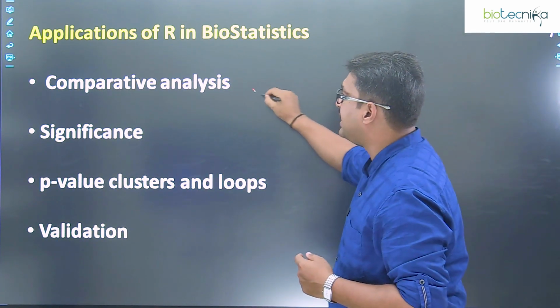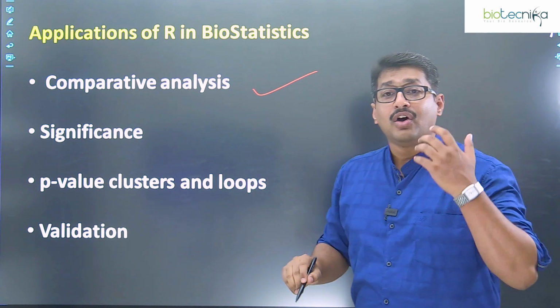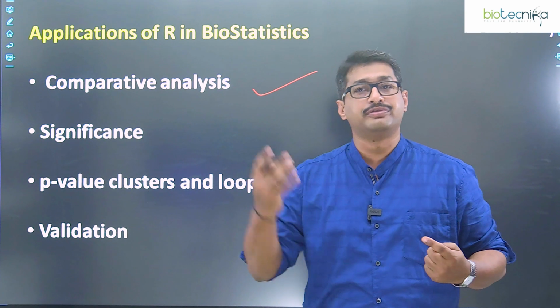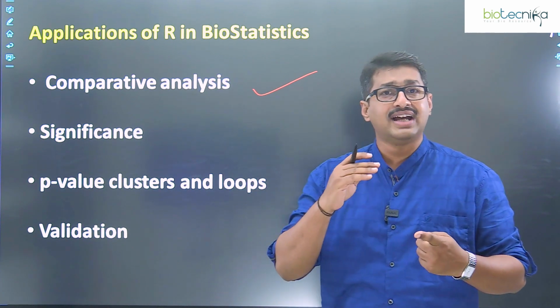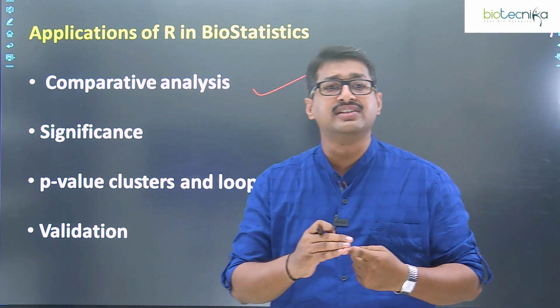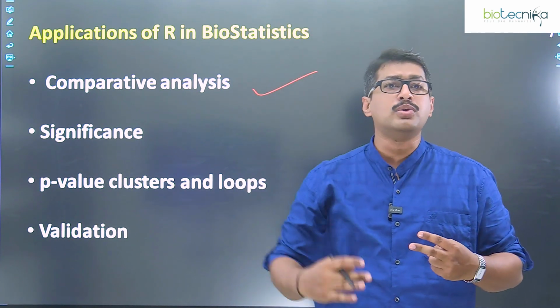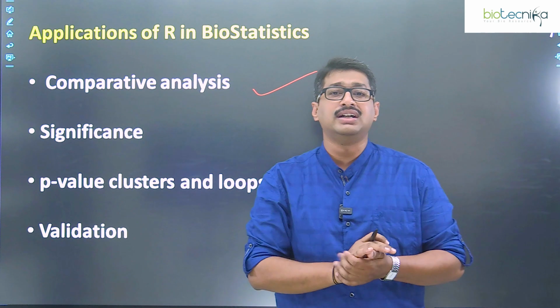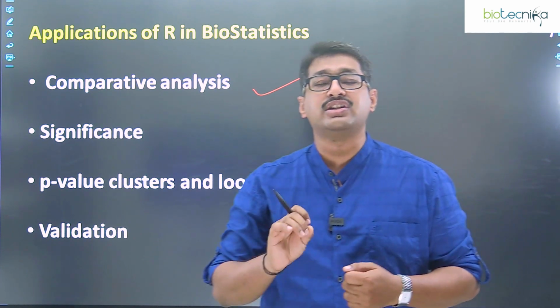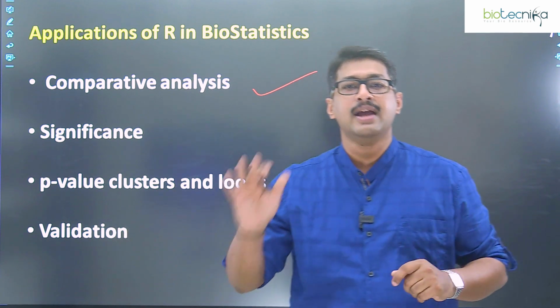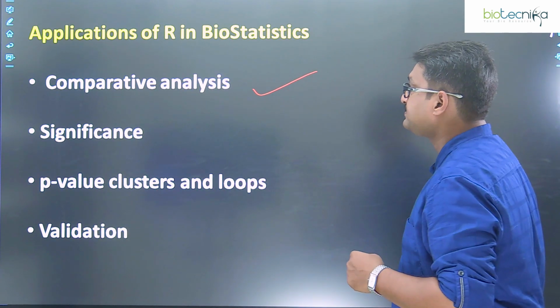It gives you a comparative analysis, and also, very importantly, lets you look into the significance level of your data. Depending on that, you can create your p-value clusters or p-value loops, and look for the upregulation and downregulation of the data. Very importantly, validation and interpretation of the data, especially in biostatistics, has become very, very easy because of the application of R.